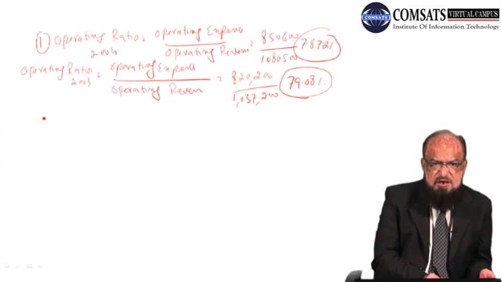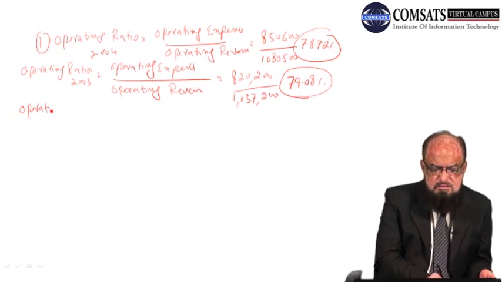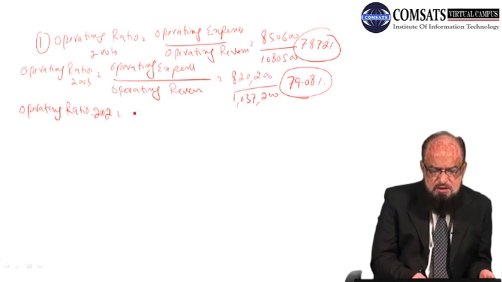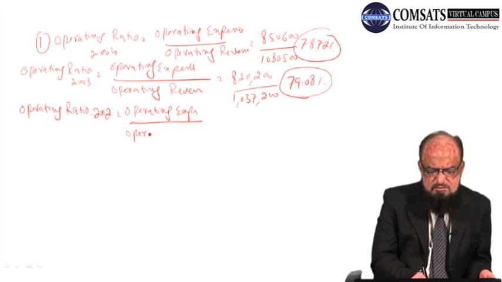Now we will calculate operating ratio for 2002. Operating expenses divided by operating revenue.